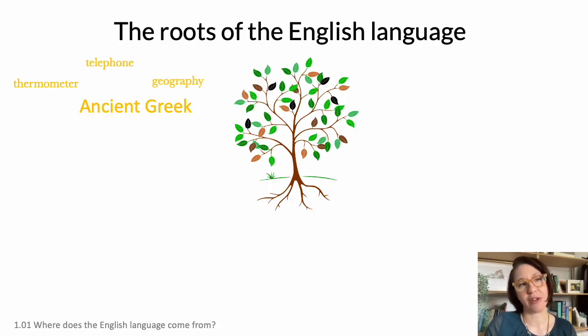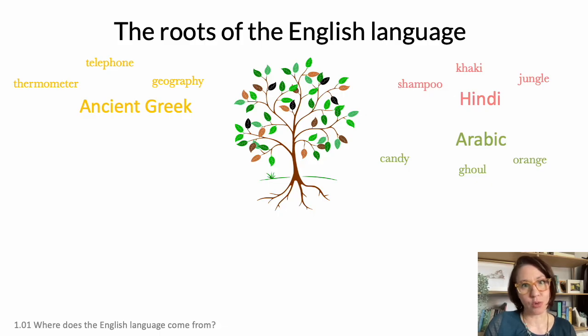Thermometer, telephone, geography are all words that have their roots in the ancient Greek language. A sprinkling of vocabulary comes to us from Hindi, words like shampoo, jungle, khaki. And we also have a few words that come from Arabic, mainly from trade routes. Words like candy, orange, ghoul are all Arabic origin words.